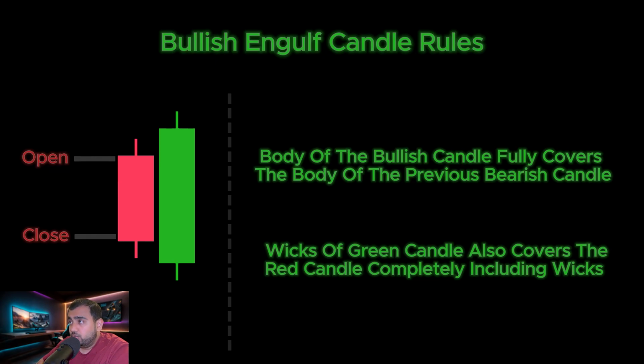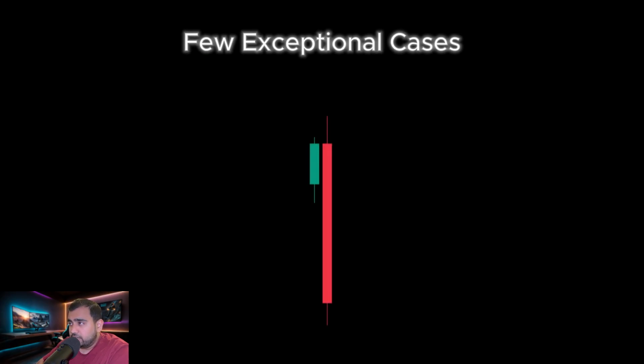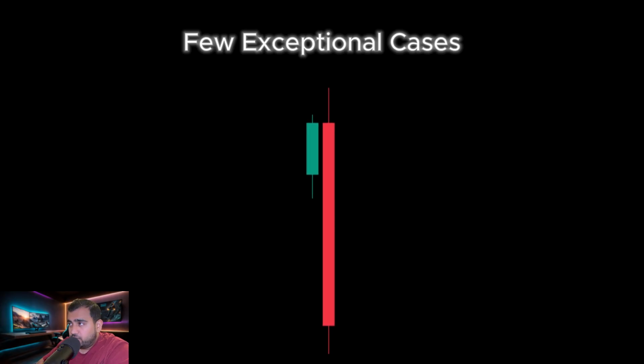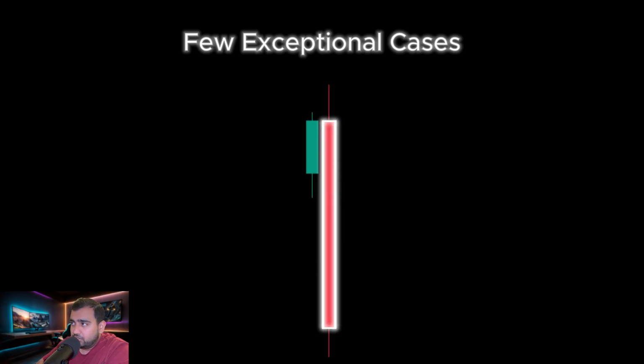But there are a few exceptions. In this case, if you look very carefully, the body is covering and the wick is also covering, so it is a valid pattern, but I will not consider this for my strategy to generate the signal. The body is much bigger than the green candle, around 3x bigger. So that's why I will not consider this.